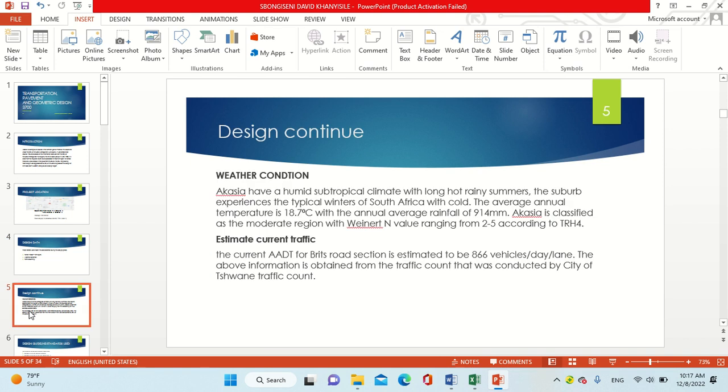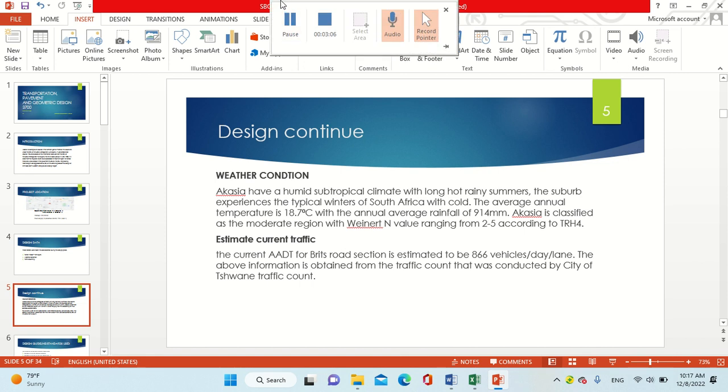Let's first look at the weather condition. Acacia has a humid climate with a long, hot, rainy summer. The suburb experiences the typical winter of South Africa, with cold.